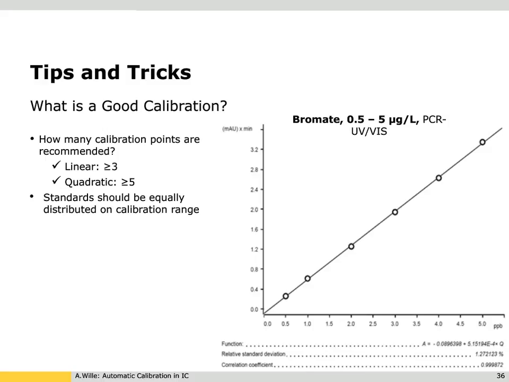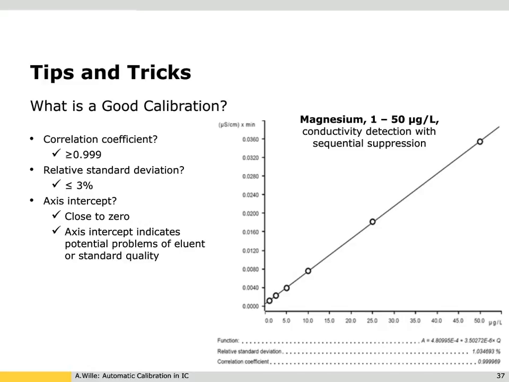You can also tell if it is a good calibration curve by looking at the correlation coefficient. It should be higher than 0.999. Then it is really already a good calibration. The relative standard deviation is another parameter which you can check quite easily. Here you saw in this presentation quite often 0.5, 1%, but everything lower than 3% is absolutely acceptable.